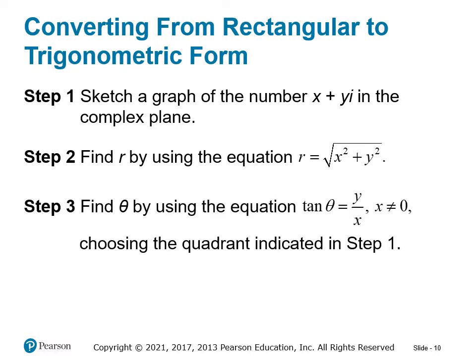Then we're going to simply find the magnitude r, or the radius, by using the equation r equals the square root of x squared plus y squared, or a squared plus b squared.